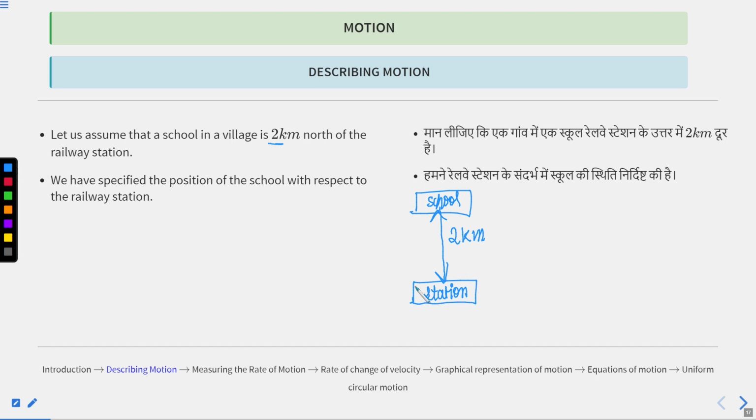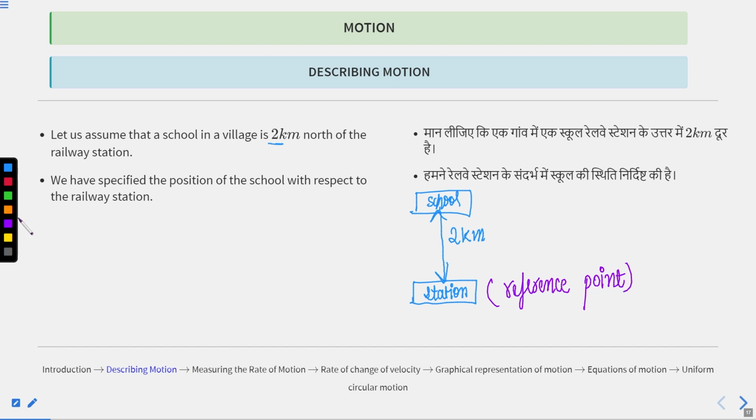We first take the railway station as our reference point, and then calculate the distance of the school from the station. So the station is our reference point.